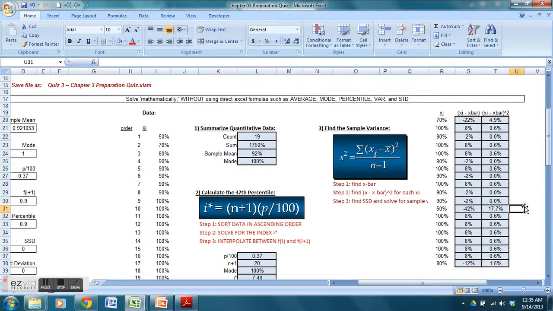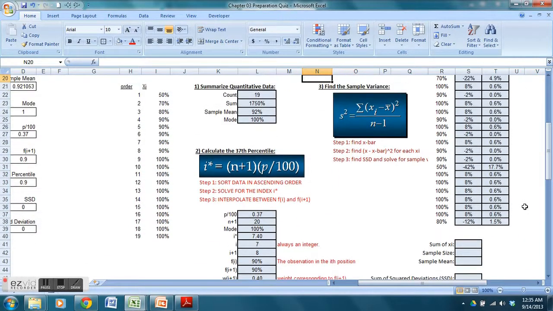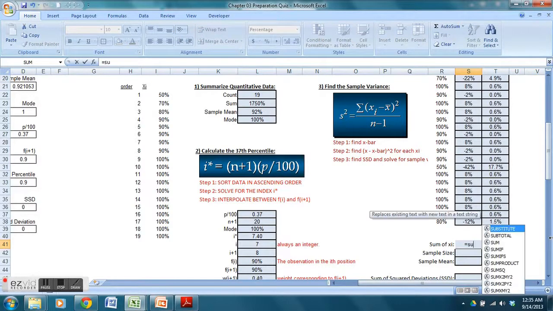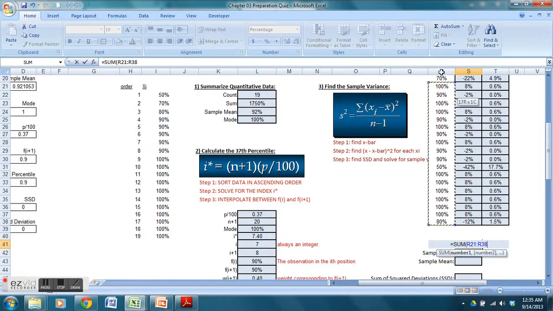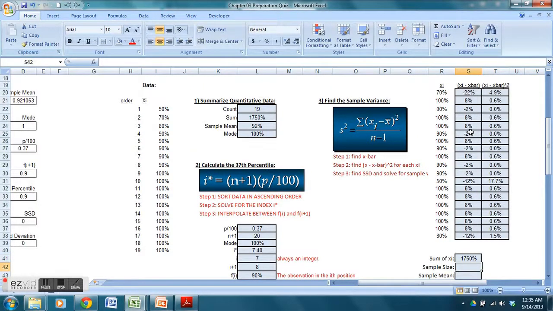And now we have our sum of xi's, where xi represents each observation. So we're going to sum all the observations. And our sample size, we can use the count function, obviously just on the xi.